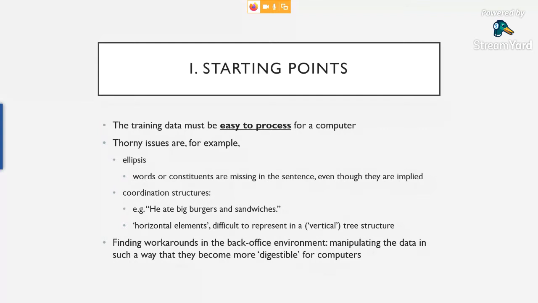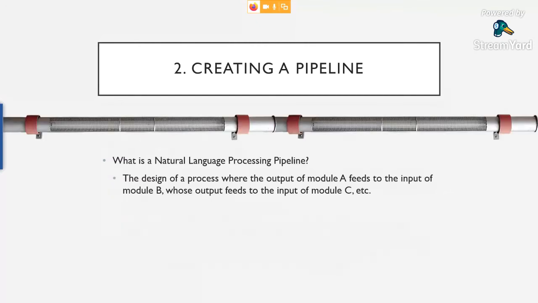But these horizontal elements are very difficult to represent in a rather vertical tree structure. So one of the challenges is finding workarounds in our back office environment, so that we can manipulate the data in such a way that they become more digestible for computers.